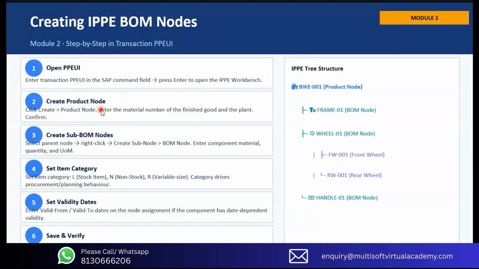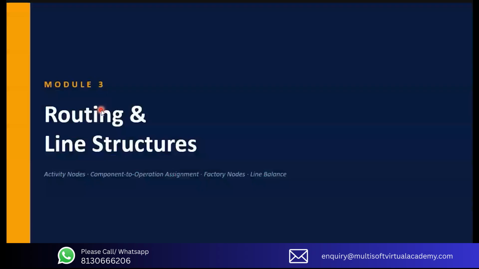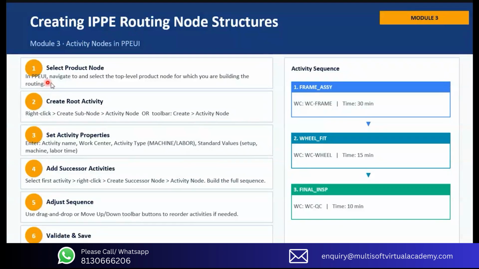On this parent, you put the cursor to select the top level product node for which you are building the routing. That is the header material, which is a product node. You put the cursor there and then right click, create subnode, activity node. There are two ways of navigating: you can create from the node itself or from the toolbar, where there's a create activity node button. You can click that.